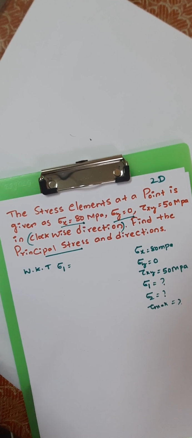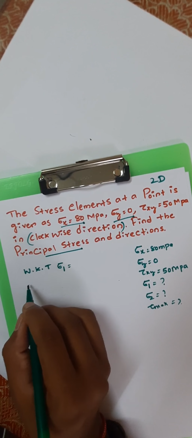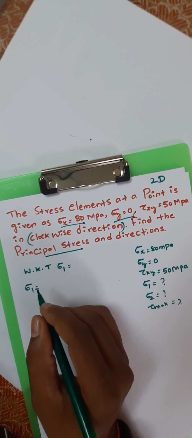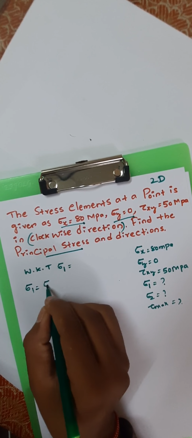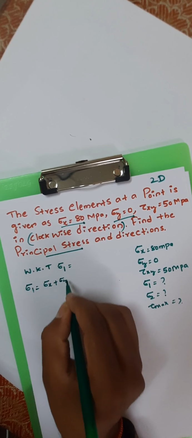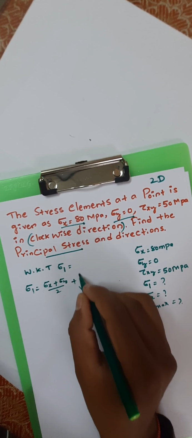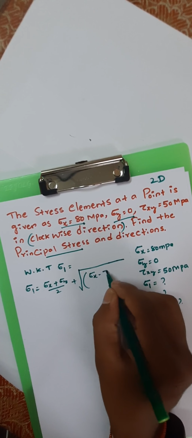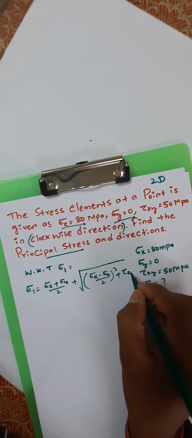With respect to this problem, the maximum principal stress is sigma 1. We know the equation for the maximum principal stress: sigma 1 is equal to sigma x plus sigma y divided by 2, plus square root of sigma x minus sigma y by 2 whole square plus tau xy square.